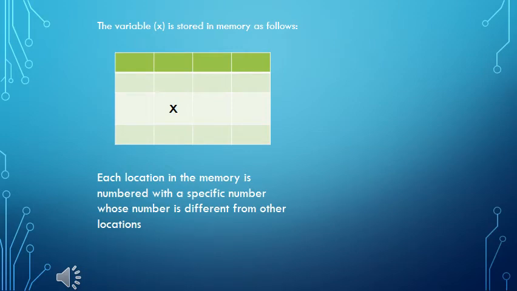When declaring a variable, this means reserving a location for it in memory. The variable x is stored in memory as follows. Each location in the memory is numbered with a specific number that is different from other locations.